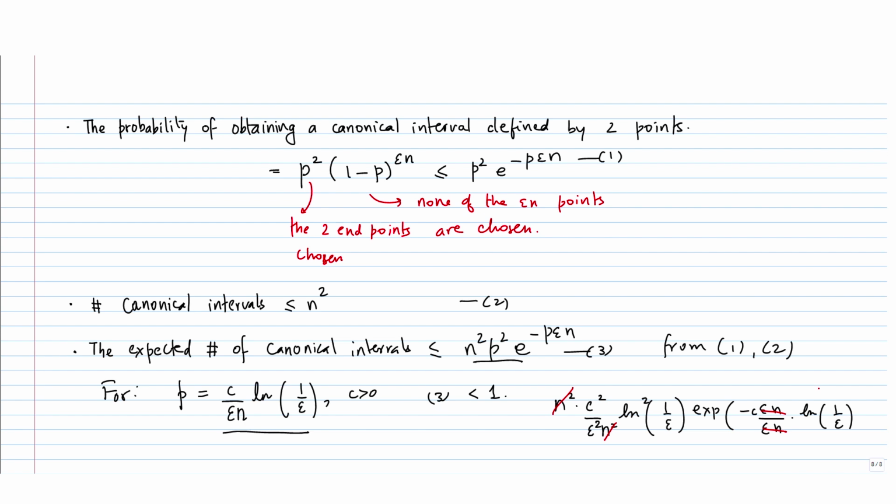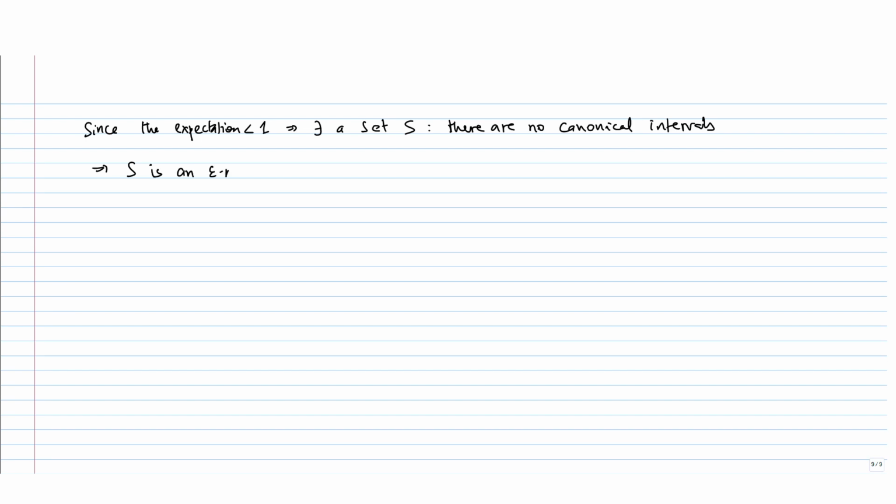Okay, so if the expected number of intervals is smaller than 1, then there is an epsilon net with no canonical intervals, which means that it is an epsilon net. Since the expectation is less than 1, this implies there exists a set S such that there are no canonical intervals, which implies S is an epsilon net.